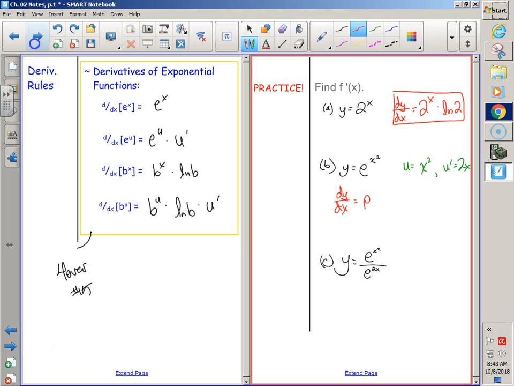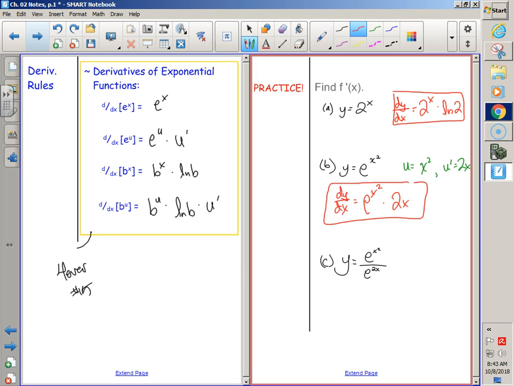Derivative of e to the u is e to the u times u prime. So two new things are going to happen. Now you have e to the u's that need u primes, and now you might have b to the x's or b to the u's that need an extra little ln of b. But otherwise, they're going to follow the same pattern of deriving as e to the x's.